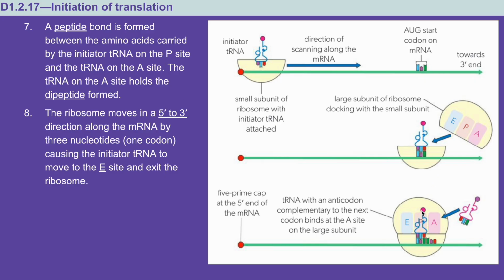The peptide bond is formed as that methionine gets passed over to this amino acid, which is now sitting here in the A site. A peptide bond is formed, and now we have a dipeptide, 2 amino acids. The ribosome complex then shifts one codon over. This now uncharged tRNA gets shifted to the E site, and so it now exits, and the A site is now available for another tRNA to enter.